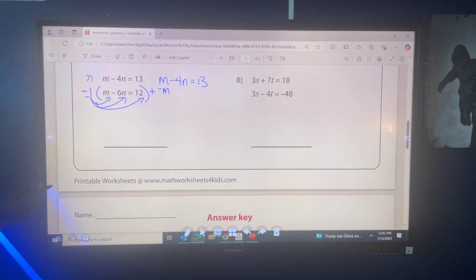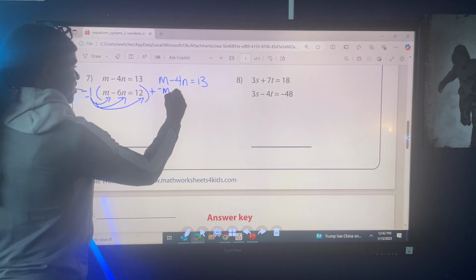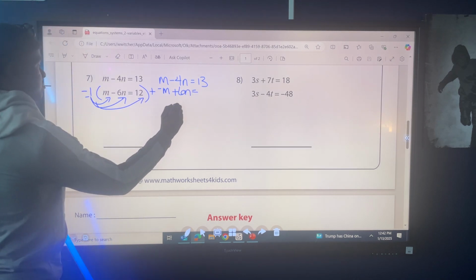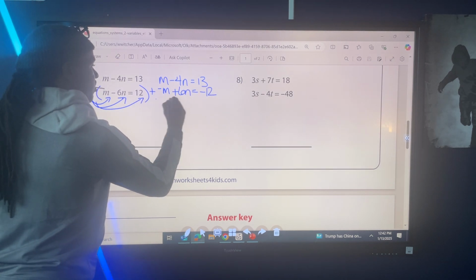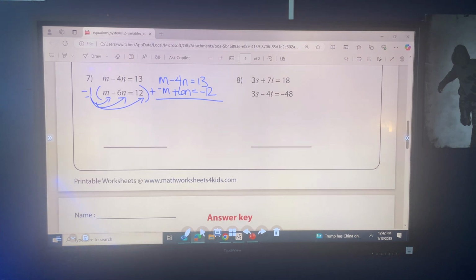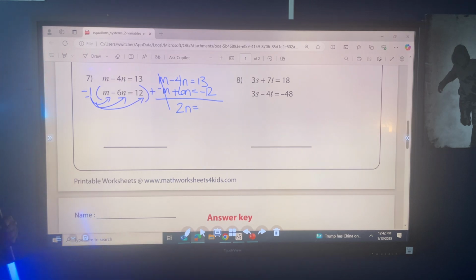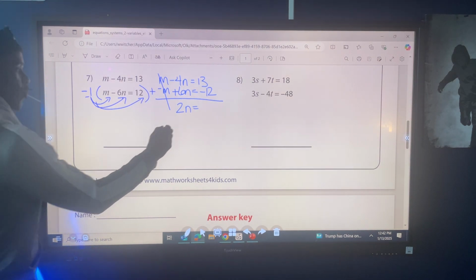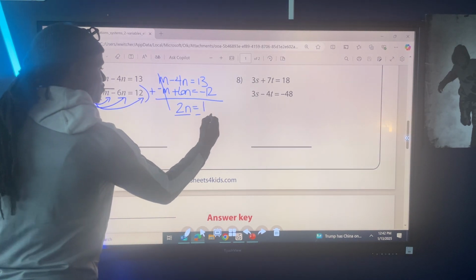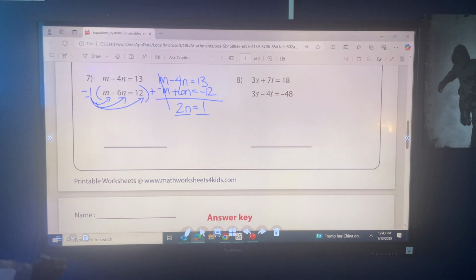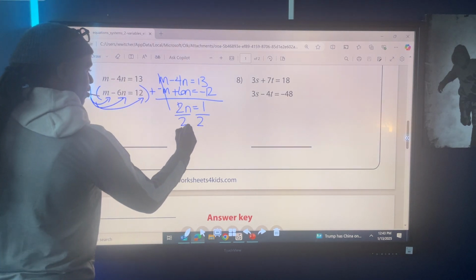And then plus 6n, positive 6n, equals negative 12. Nice. Add them up. So the n's, that's a negative 2, no, positive 2n equals. Divide by 2. Nice.